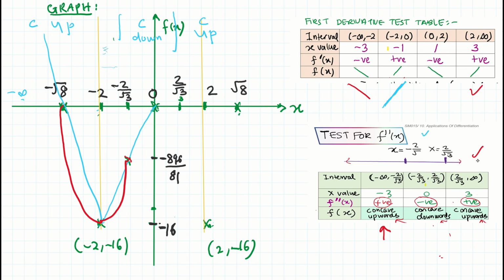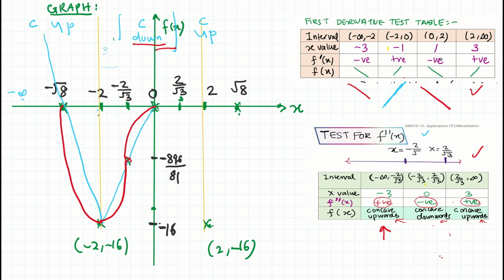So you need to draw like this. From 0 to 2 over 3, the function is decreasing and the concavity is concave down.